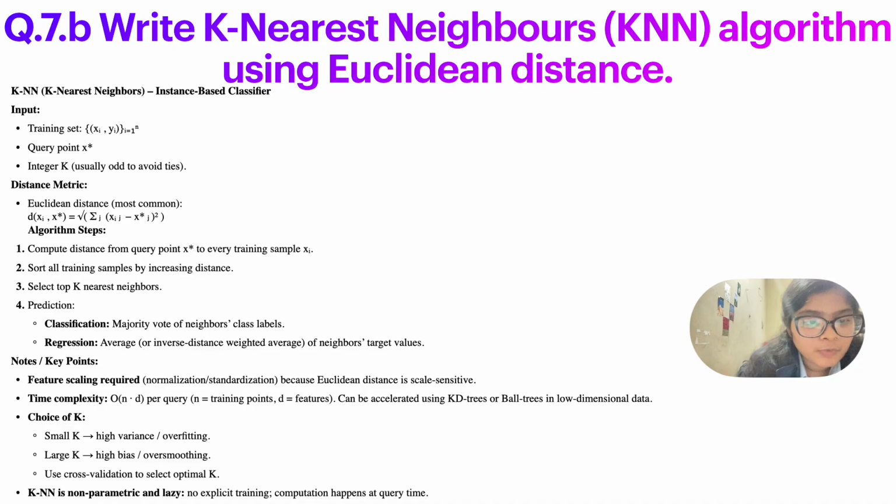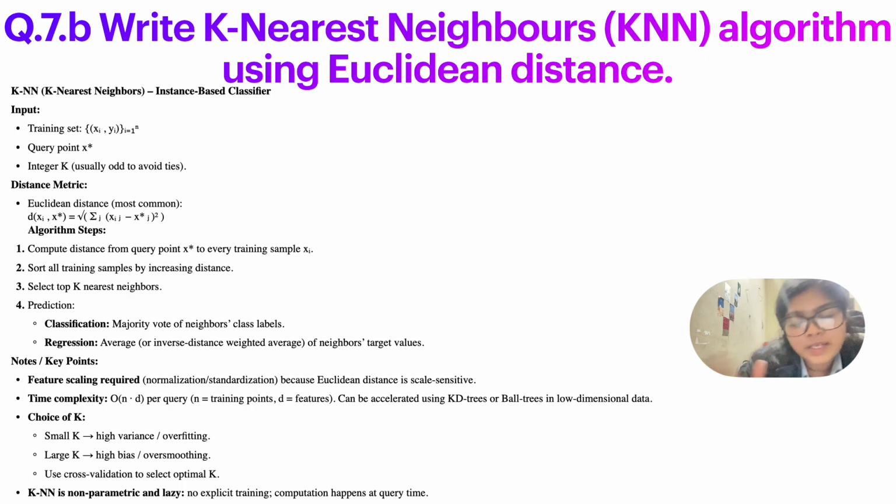Compute the distance from query point to every training sample, sort all the training samples by increasing distance, and the points having minimum distance will be chosen, and then we select k nearest, which may be 3, 5 or 7. So we choose 7 points, and then we make predictions.